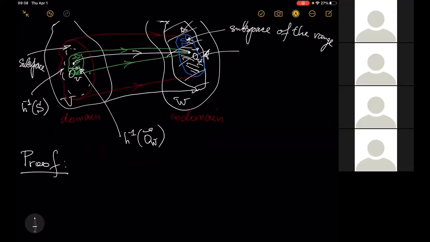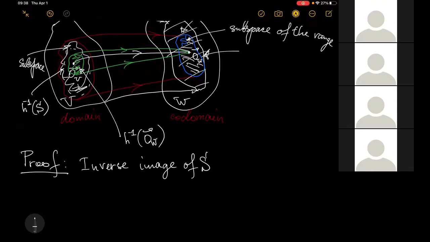So let us consider the inverse image of S, meaning all possible vectors which map into this subspace S. So first of all, it's non-empty because it contains the 0 element, right?